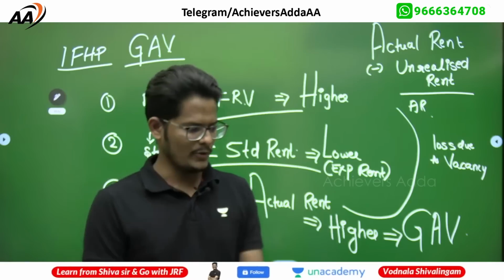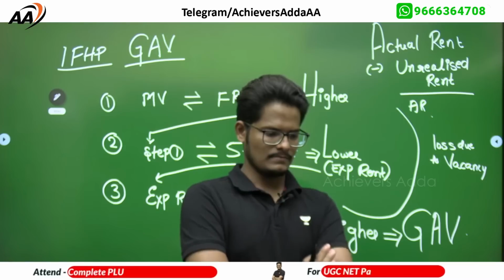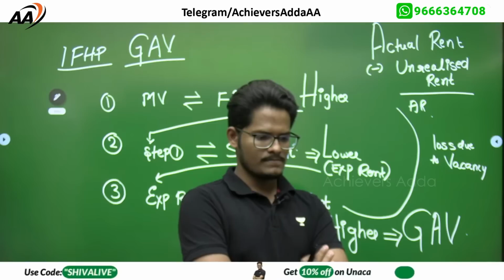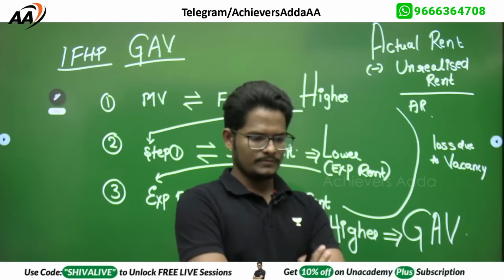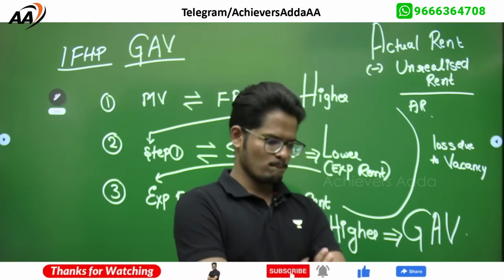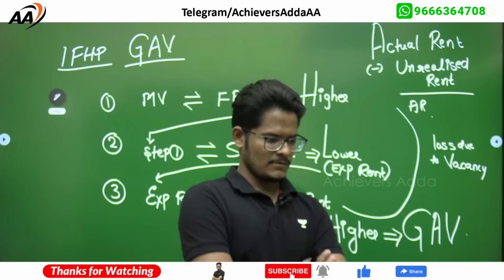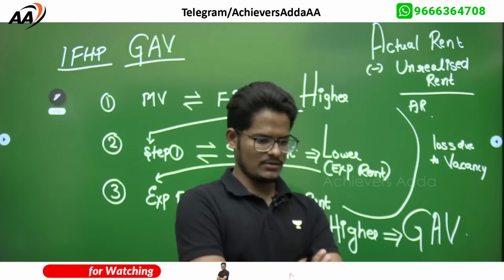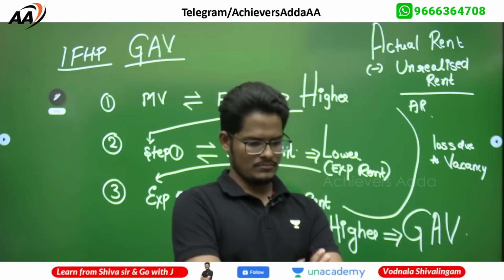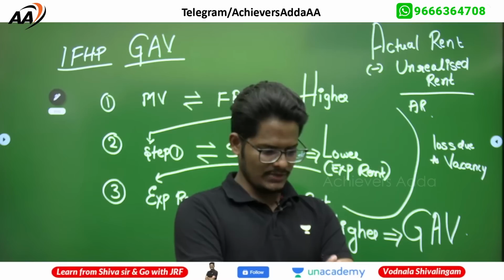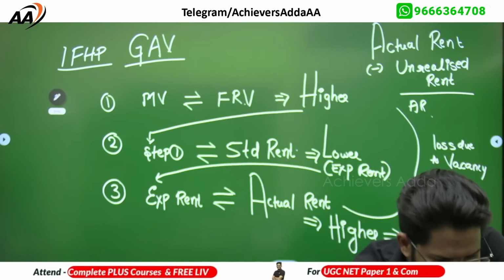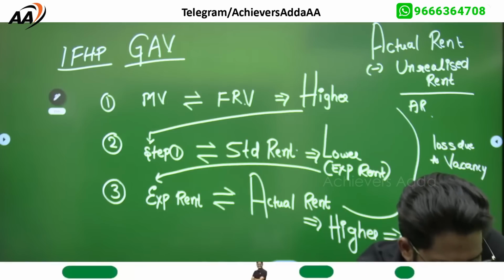Tell me, this is also a key point. Loss due to vacant position of the property: do we need to reduce it from the GAV or from the actual rent? From where do we need to reduce it?